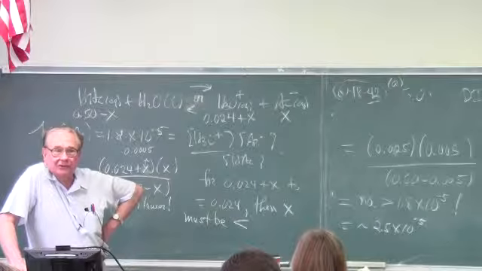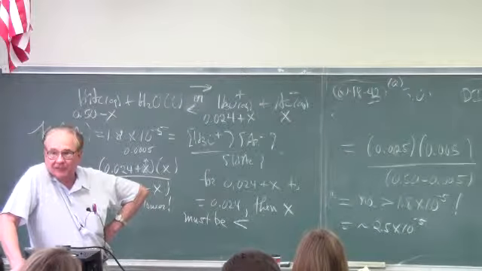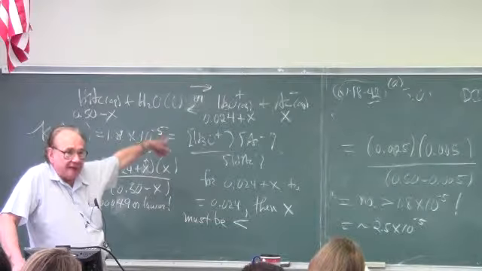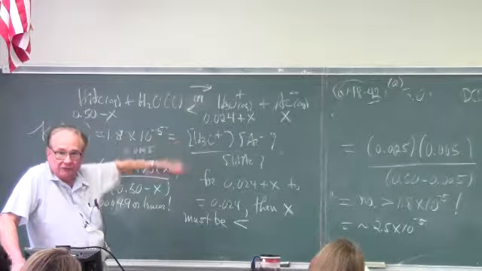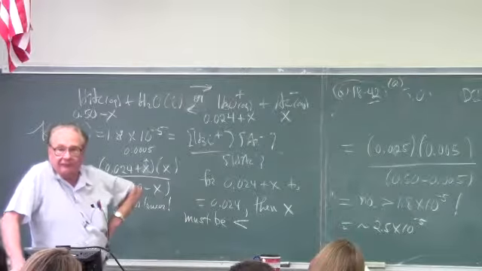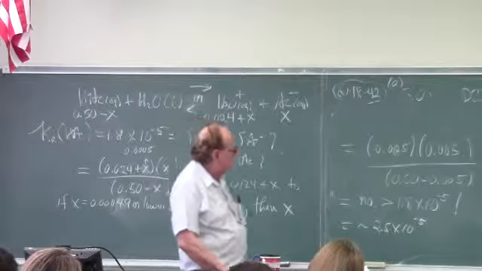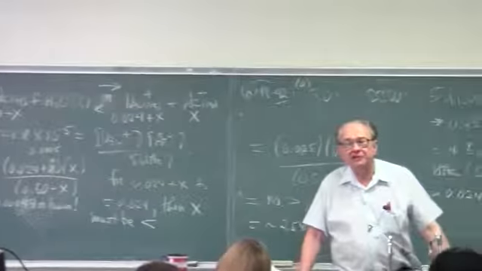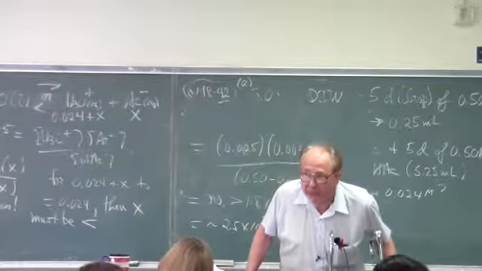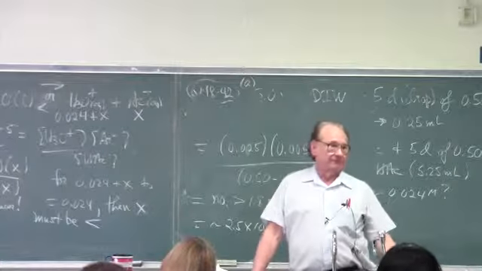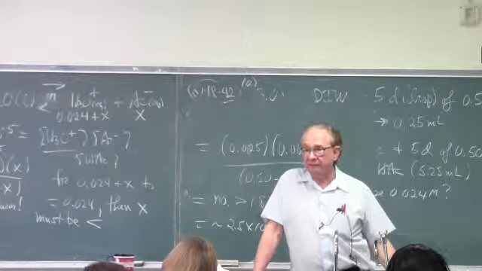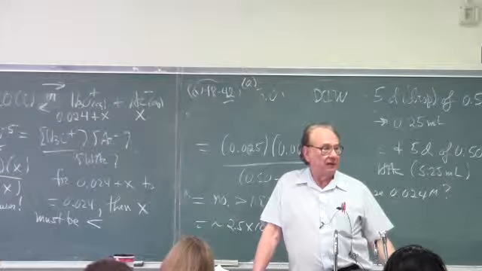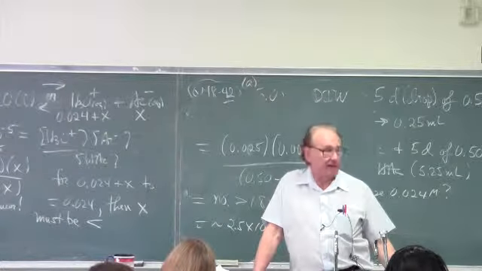This is really just showing you Le Chatelier's principle in operation. We whacked this equilibrium by adding an external source of hydronium ion. We whacked it to the extent that in this solution, the one we prepared, the ionization of acetic acid does not contribute at all to the hydronium ion concentration for the solution. Now you know that wouldn't be true if I hadn't put the hydronium ion in there.